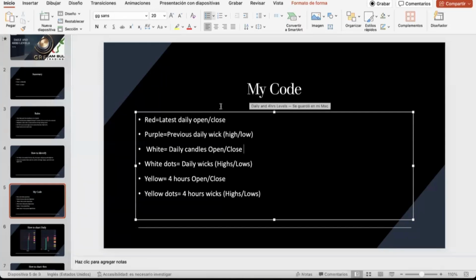Yeah, do you have a higher priority? Like I said, red, purple, which is the previous close, is the main one.